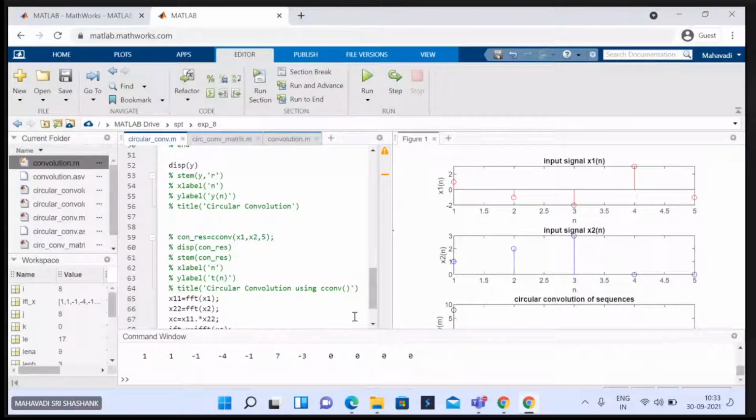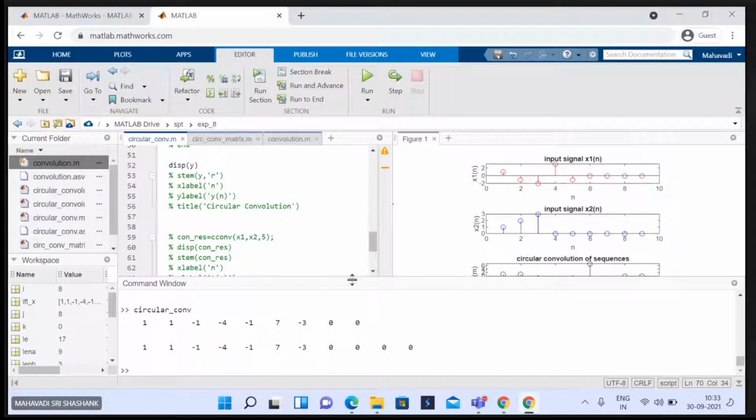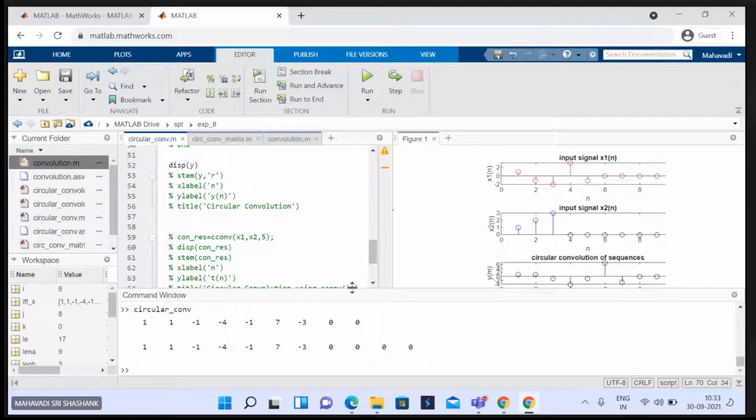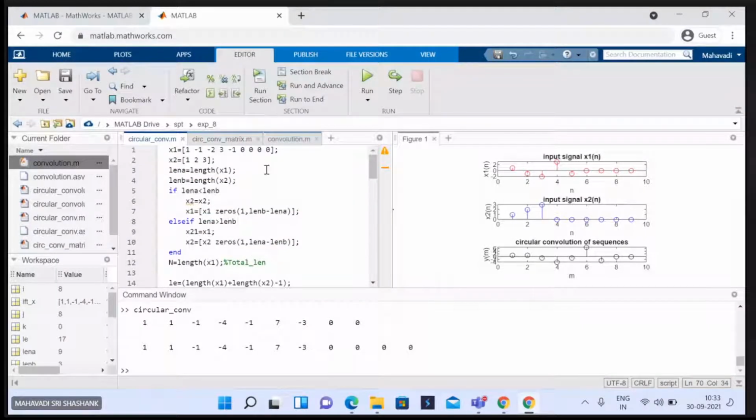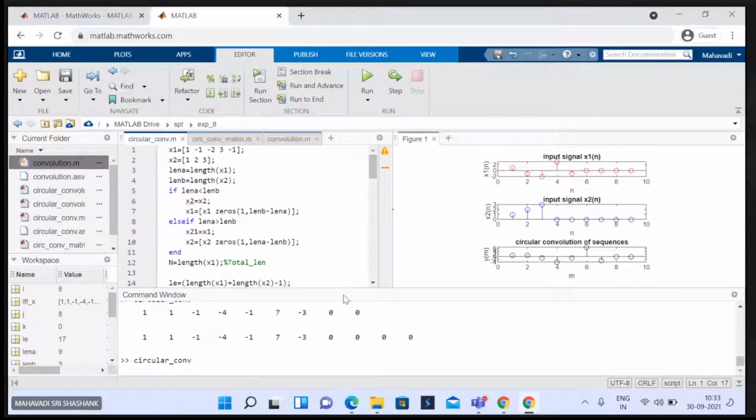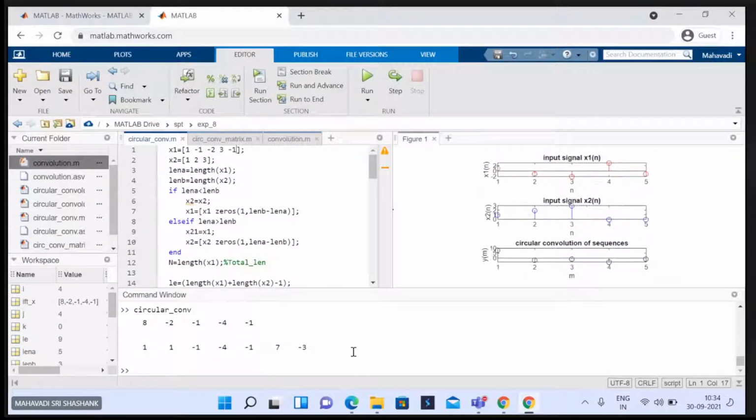What about the x1? X1, did you pad zeros there also? X1, I have added zeros here. Don't add zeros over there also. Do you use x1 and x2? X1 and X2, sir.